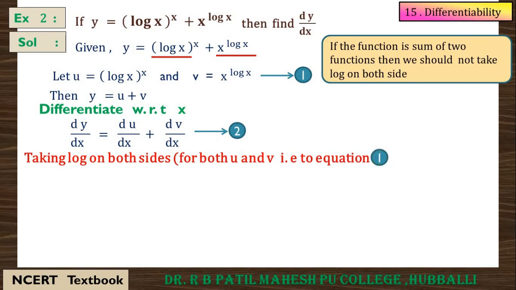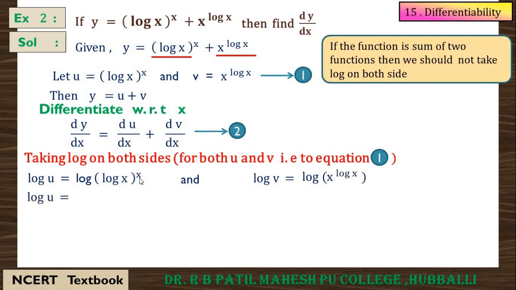Now taking log on both sides, for both the u and v functions, we get log u is equal to log x to the power x, and log v is equal to log of x raised to log x. So using the property, the power is multiplied to the function, that is x into log of log x.